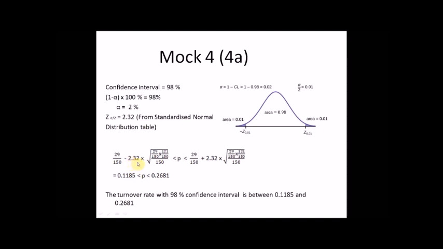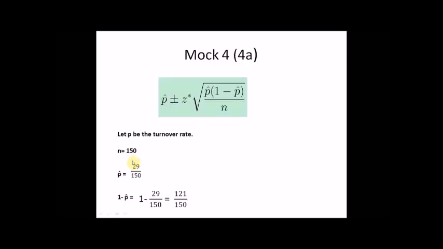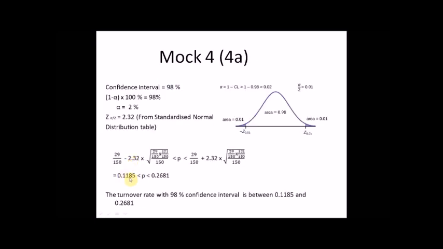Then we plug all the data into the formula, and the result is 0.1185 smaller than P smaller than 0.2681. The conclusion is that the turnover rate with 98% confidence is between 0.1185 and 0.2681. This is the end of my presentation. Thank you for listening.